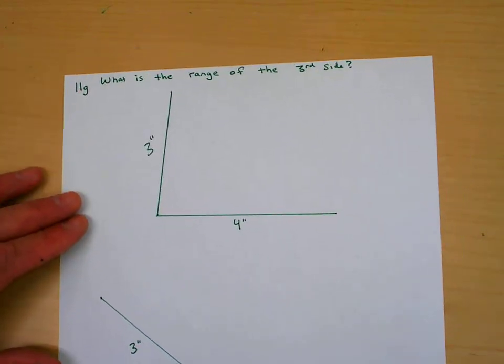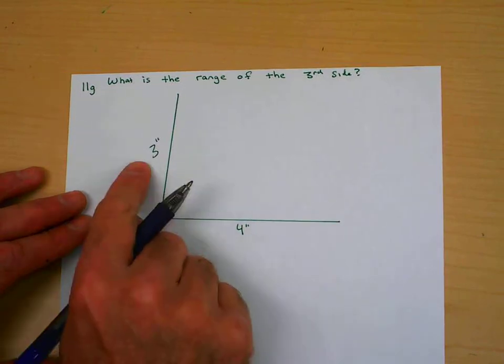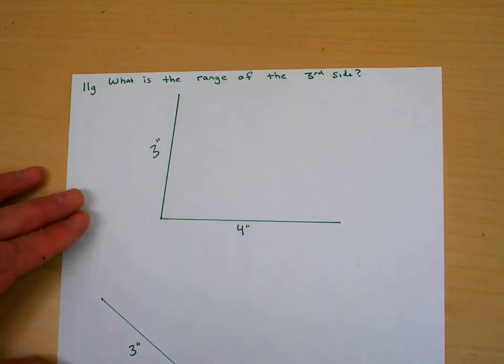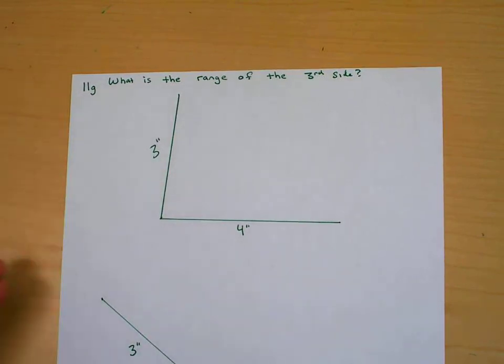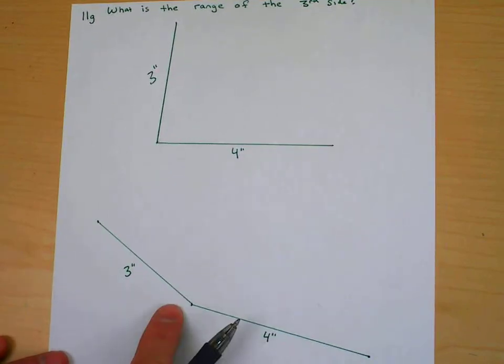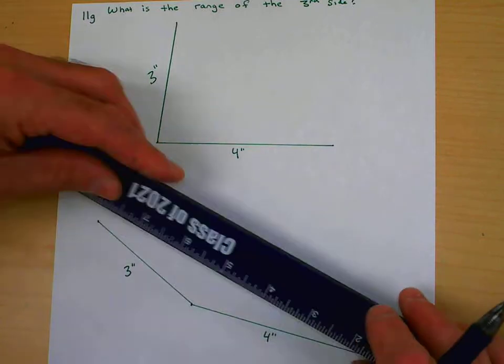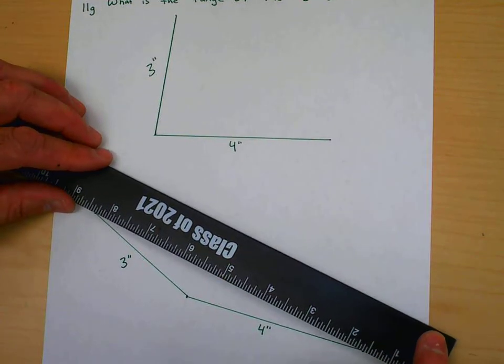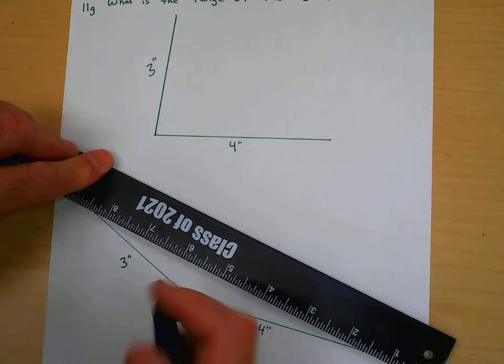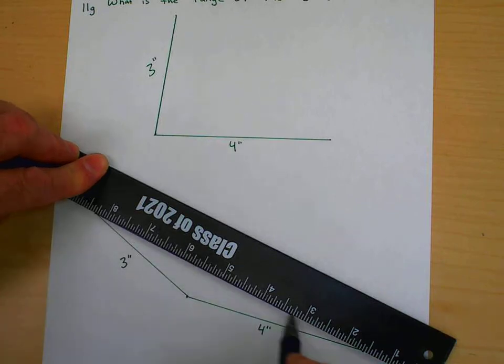That same idea of spanning lengths, we're going to look at for 11G, the range of the third side if given a 3-inch and a 4-inch length. If I have a 3-inch length here and a 4-inch length there, and I make the angle really obtuse, the third side is pretty skinny. It's not quite as skinny as absolutely possible.